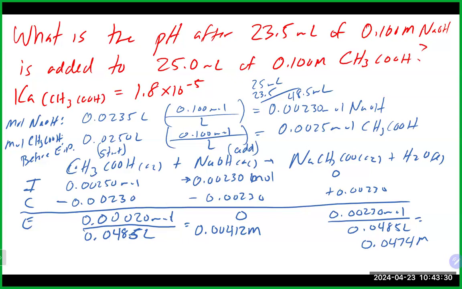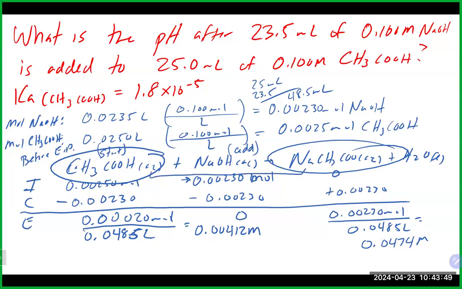So at this point, we can look and see really what we've got going on here. We have acetic acid left over. We have a little sodium acetate left over. Those two guys, again, are related to each other. They are a buffer, and that's exactly what we should expect to happen here because we are before the equivalence point.